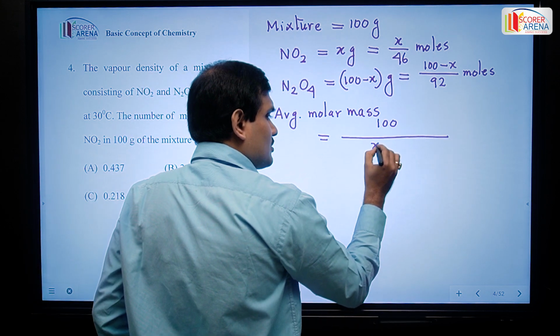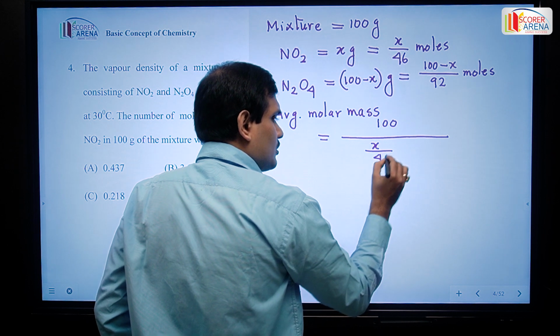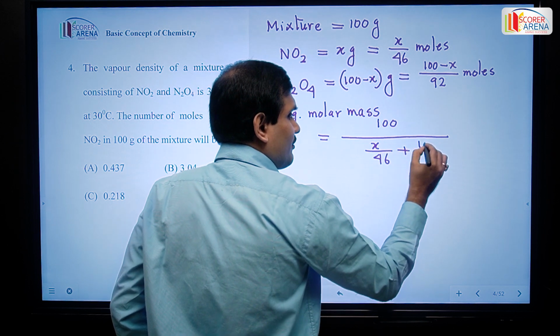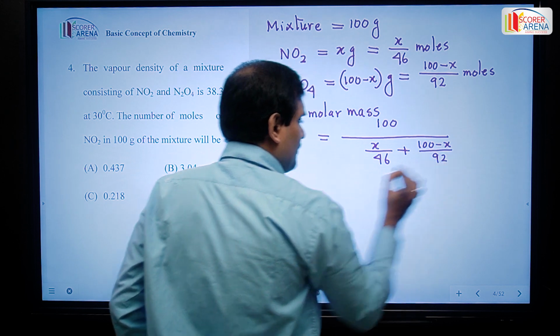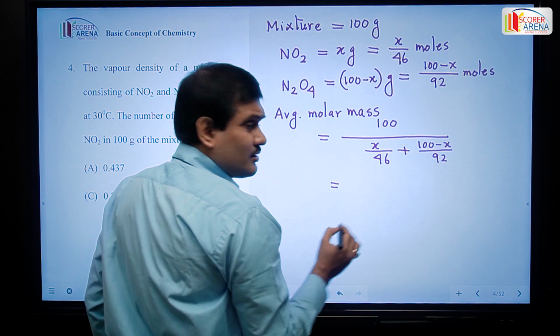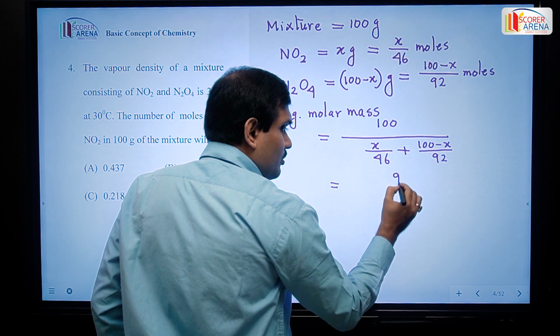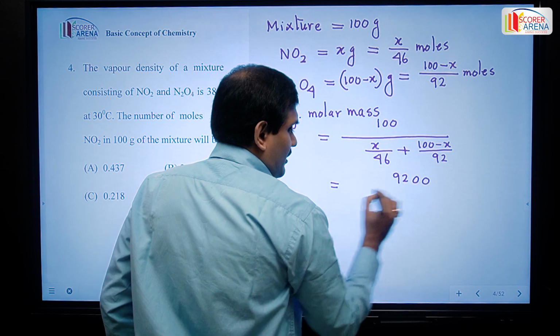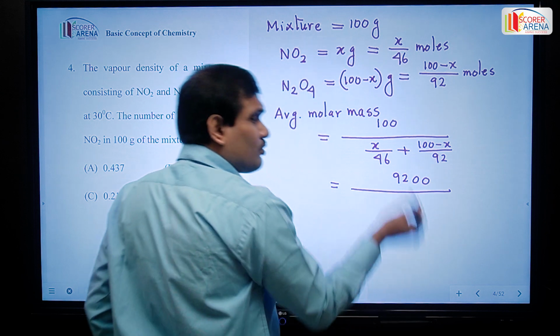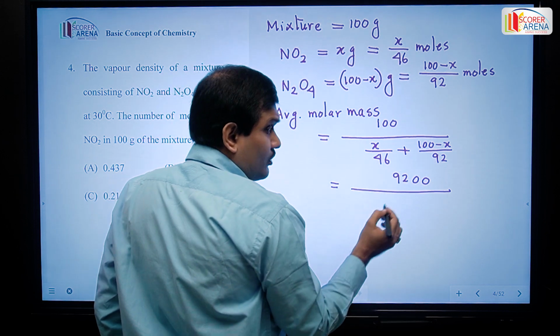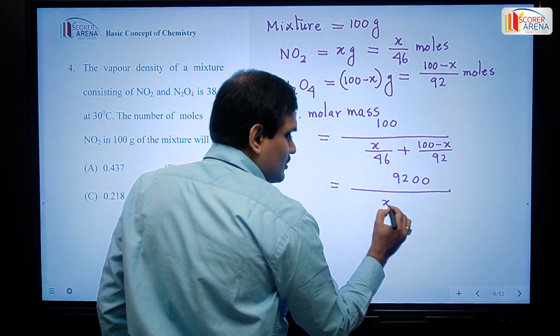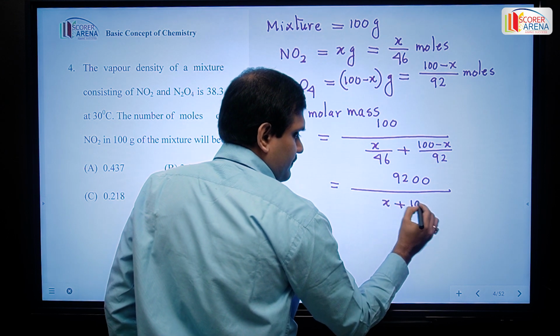So total mass is 100 gram, total moles are x by 46 plus 100 minus x by 92. If we simplify it, the LCM will be 92. Moving it to the numerator, it will be 9200 by x plus 100.